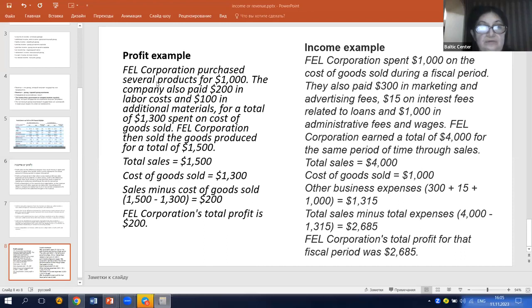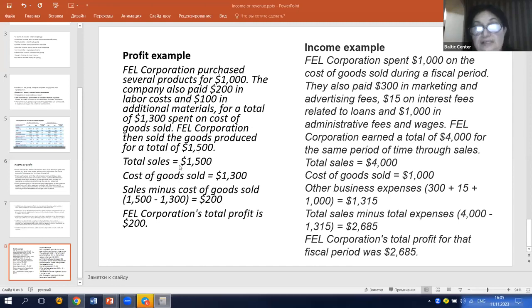I also give you an example of how we calculate profit. A corporation purchased several products for 1,000. The company paid $200 in labor cost and 100 in additional material, for a total of 1,300 spent on the cost of goods sold. The corporation then sold the goods produced for a total of 1,500.